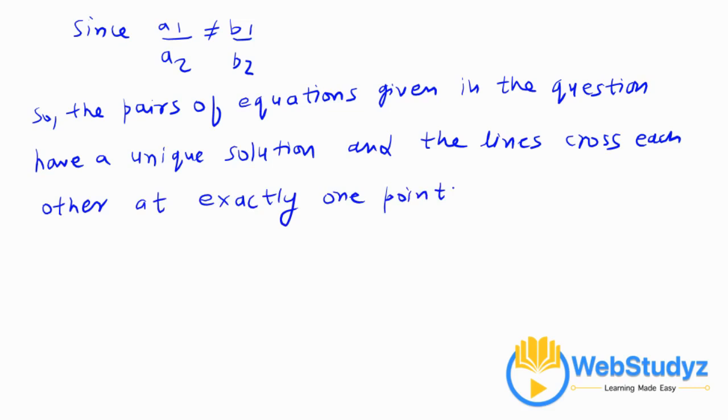Move on to the second one. In the second, we have the expressions as 9x plus 3y plus 12 equals 0 and 18x plus 6y plus 24 equals 0.